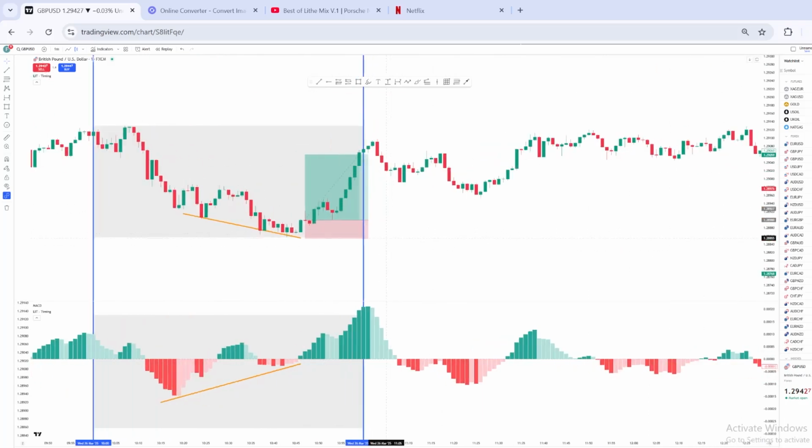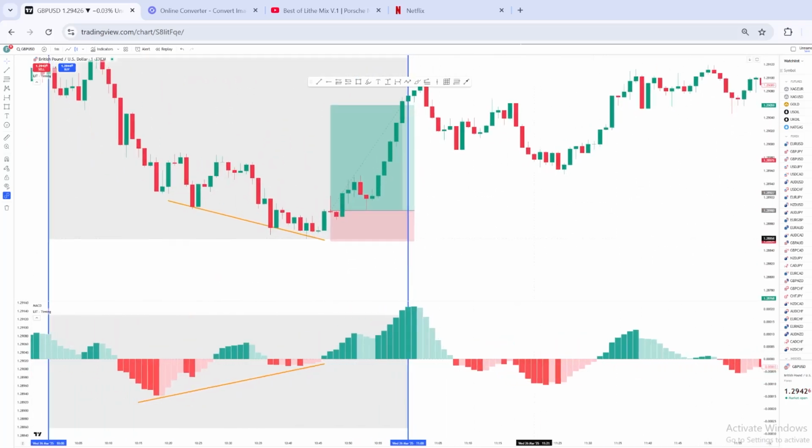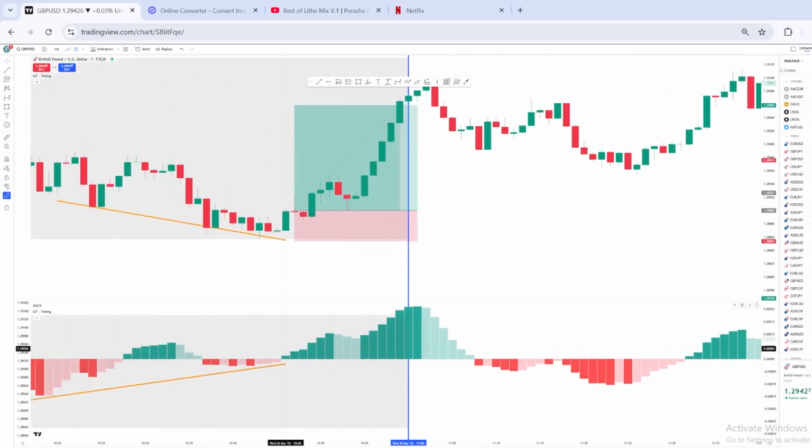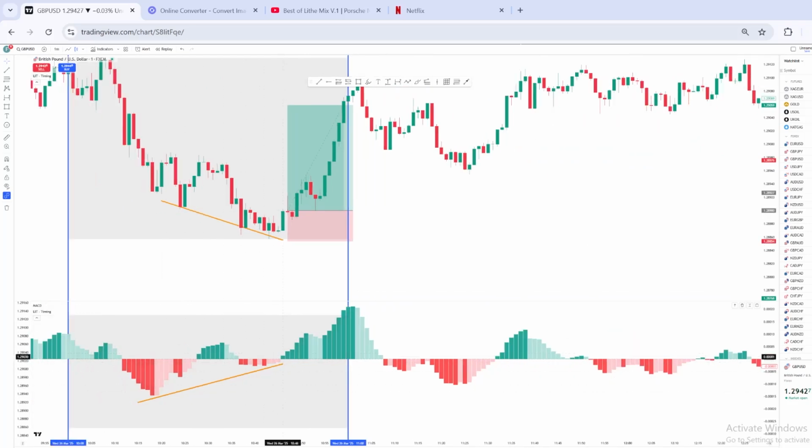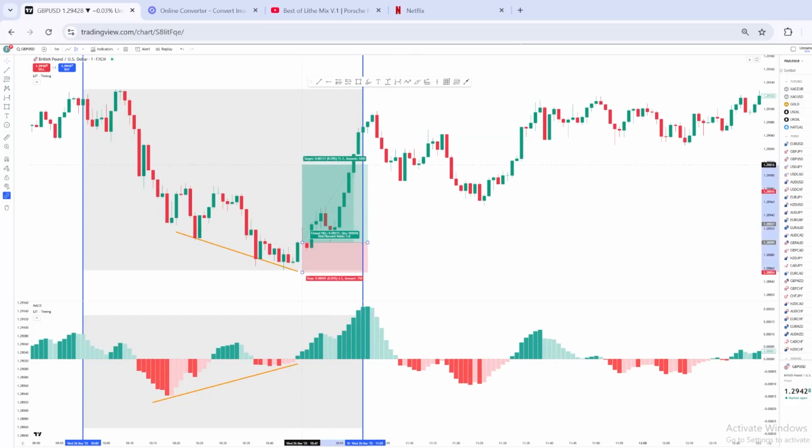Basically, we enter here on the next candle here. So when this candle, the green bullish bar, closed, we have a confirmed divergence. So I just enter on the next candle open. Stop loss goes below the low here, and I target at least 2 RR. 3 RR is also good.